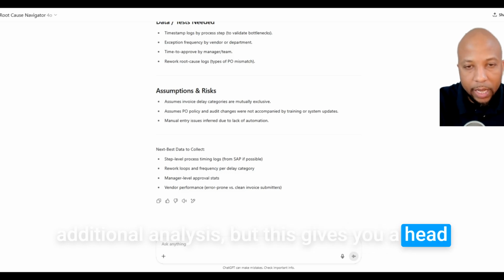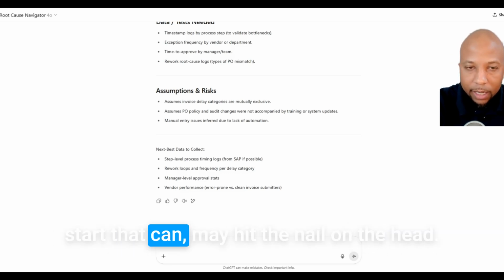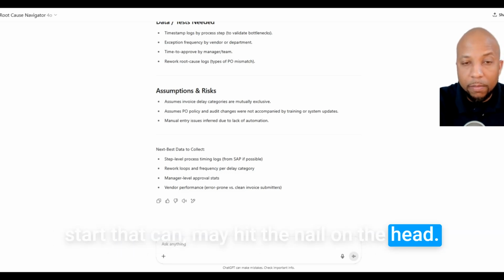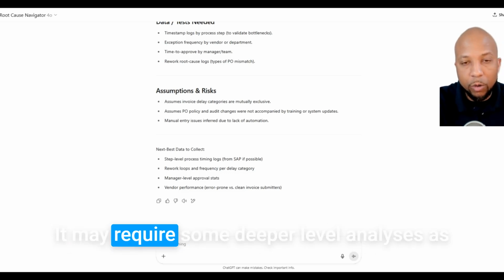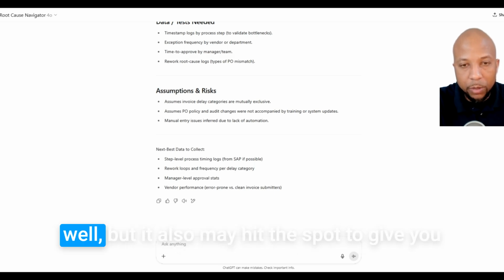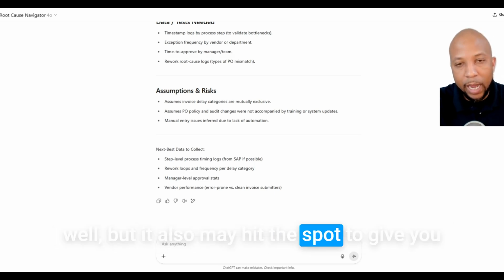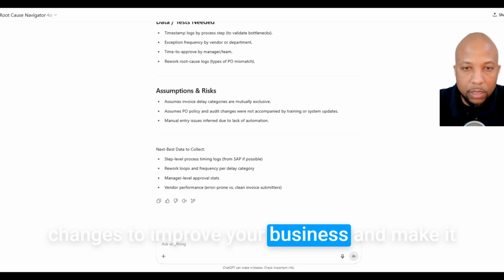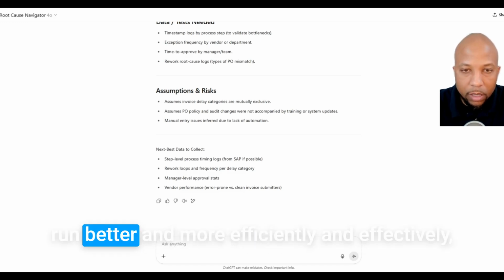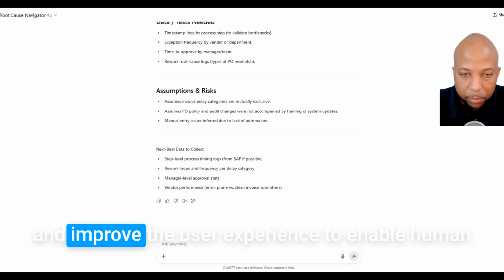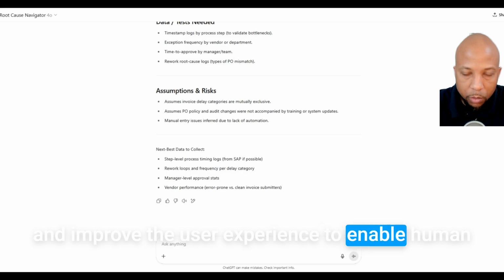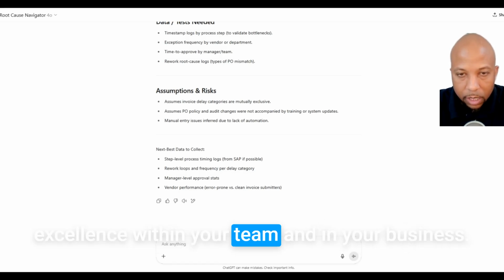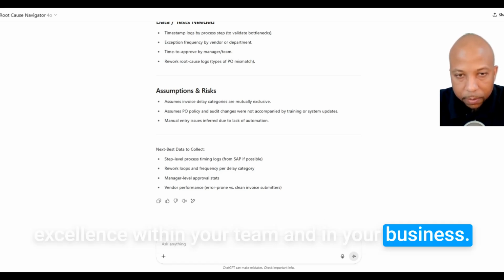But this gives you a head start that may hit the nail on the head. It may require some deeper-level analyses as well, but it also may hit the spot to give you exactly what you need to make incremental changes to improve your business and make it run better, more efficiently and effectively, and improve the user experience to enable human excellence within your team and in your business.